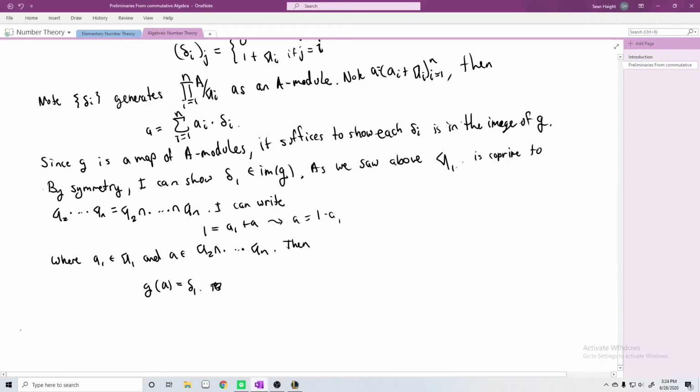There's a similar theorem for modules, so I'll just go ahead and state the theorem. Let A1 through An be ideals in the ring A. And I'm going to let M be an A module.